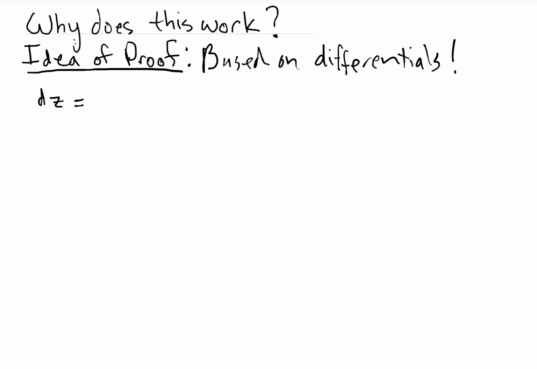We said that dz was going to be, well, not roughly equal to, but dz was going to be equal to your x partial times your dx, your differential dx, plus your y partial times your differential dy. In other words, the approximate z change in your function is based off of some change happening in the x direction plus some change that's happening in the y direction. Both of those are going to have an influence in the output of your function.